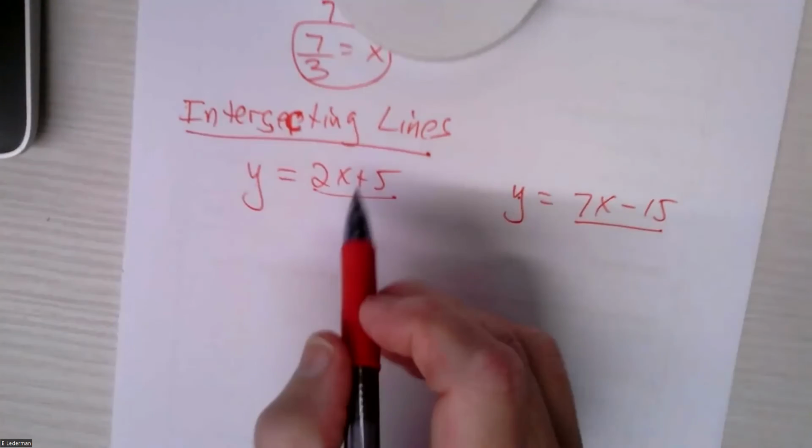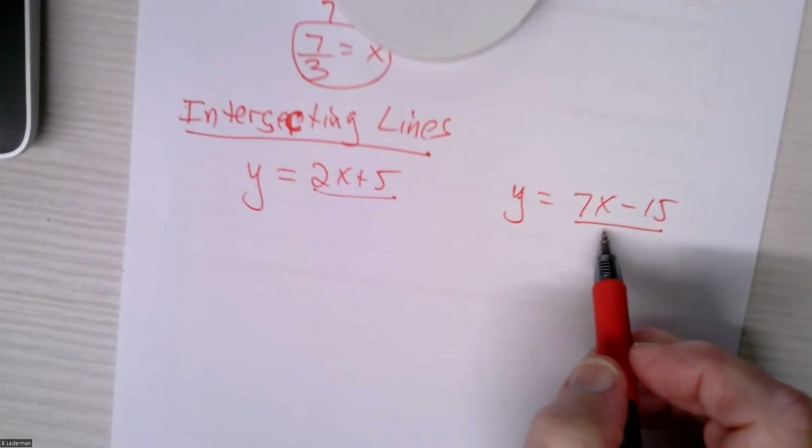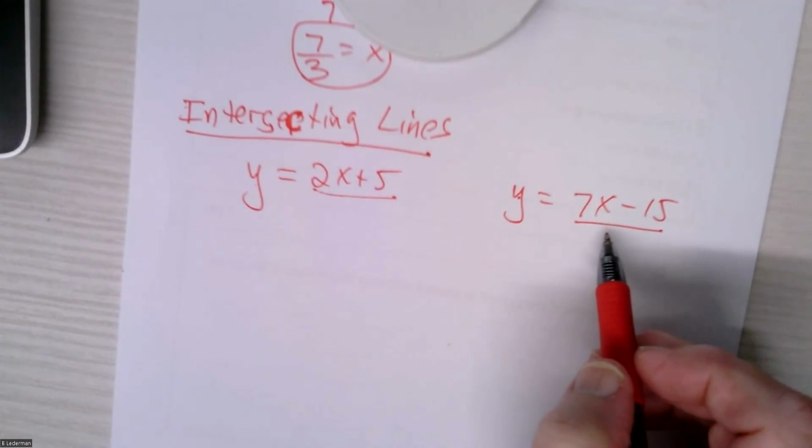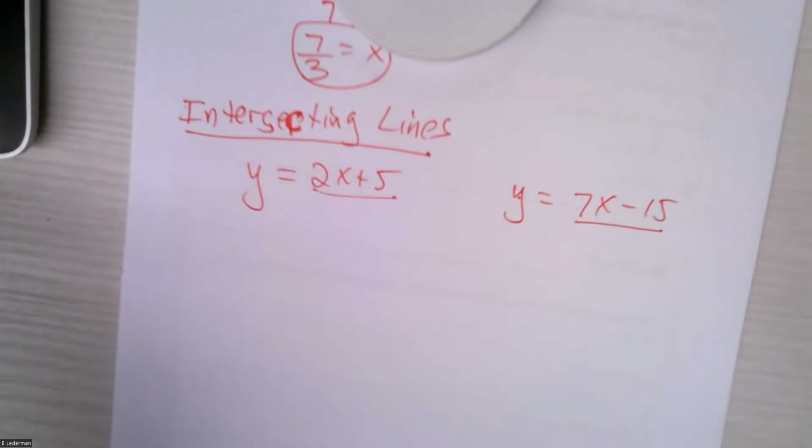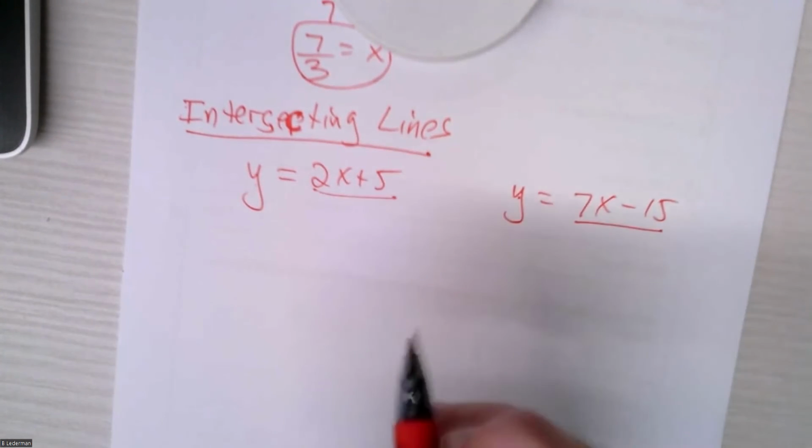All I got to do is take 2x plus 5 and set that equal to 7x minus 15, because they're both equal to y, then they have to equal each other, and just solve for the value of x that makes that happen. That's a simple way to find the point where 2 lines intersect. By the way, if 2 lines intersect, that means I want a point which is on both lines. It satisfies each line.